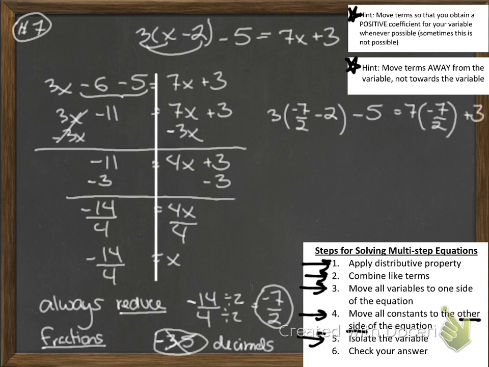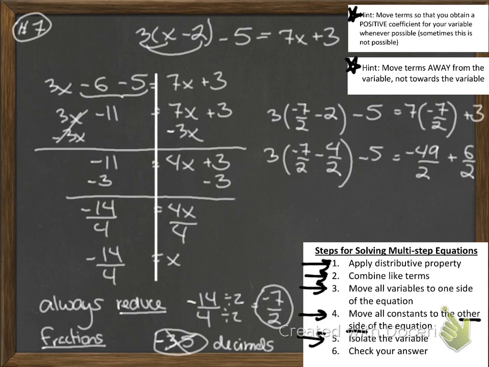Oh goodness, this is a doozy. What we need to do is make this negative 4/2, and this becomes negative 49/2, and this becomes 6/2. So this becomes negative 11/2, this becomes 10/2, this becomes 43.